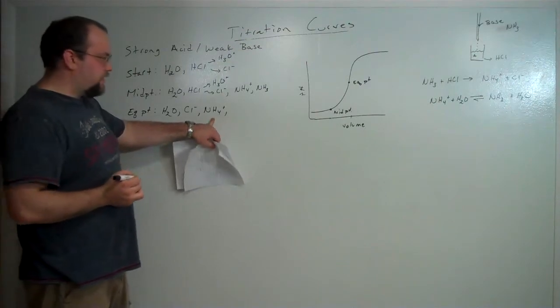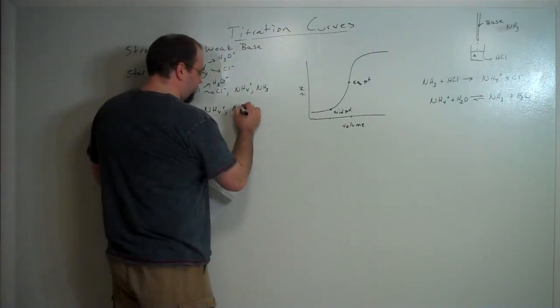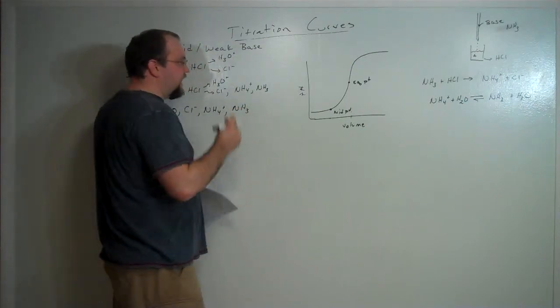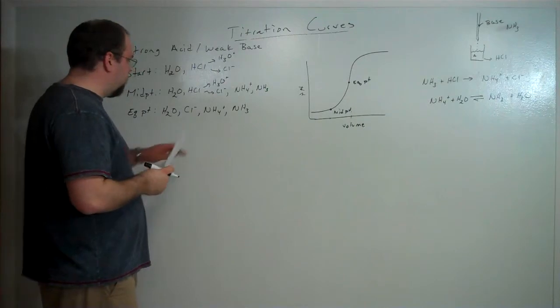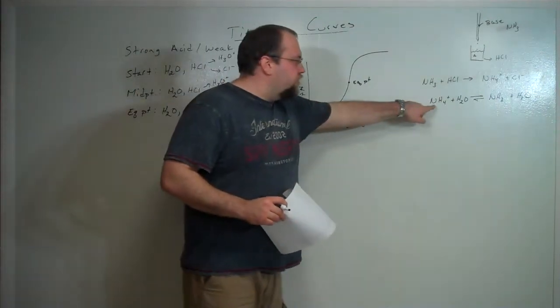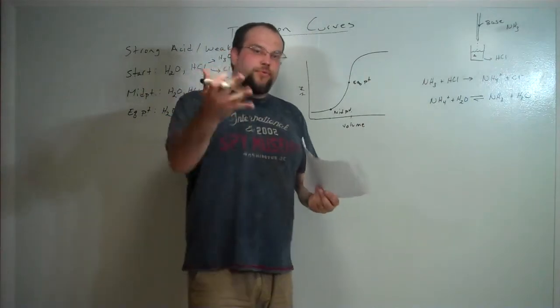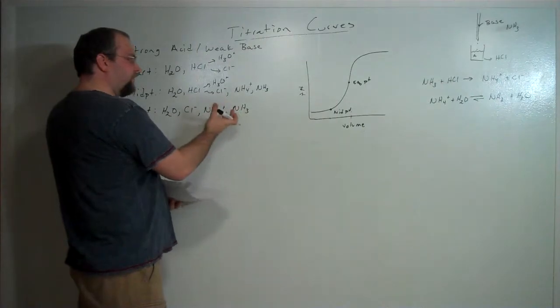And here's where that dissociation is important. I have some NH3 because this will dissociate in water. And since there's no acid to immediately react with it, this dissociation is free to take place.